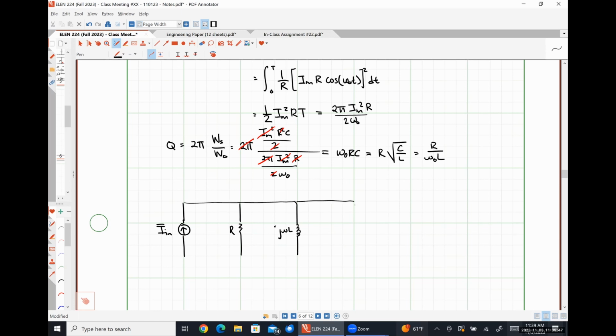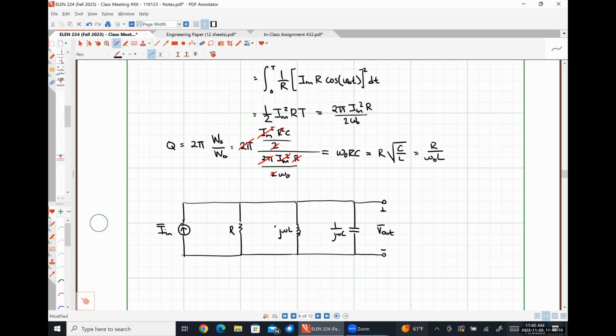and an impedance 1 over J omega C. Like so, I'm going to define the output signal for this system to be the voltage drop across all of these elements in parallel.